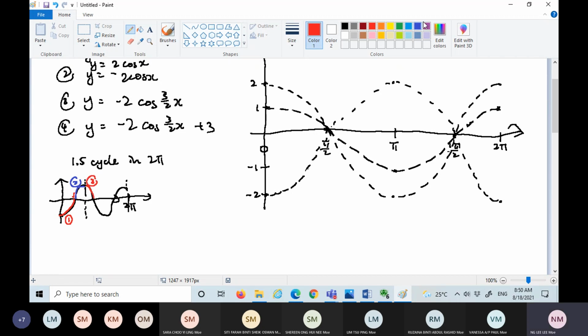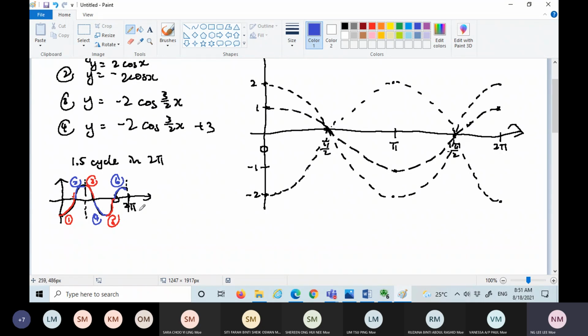Third portion. Fourth portion. Fifth portion. Sixth portion. It means I cut this graph now into 6 portions.